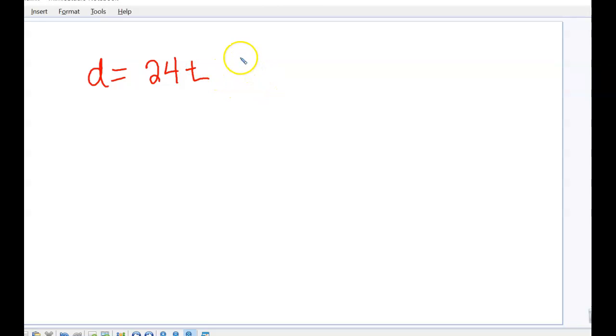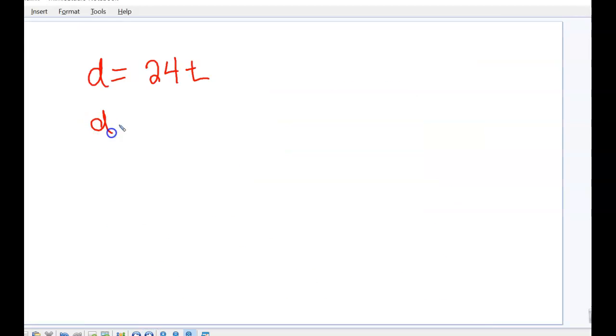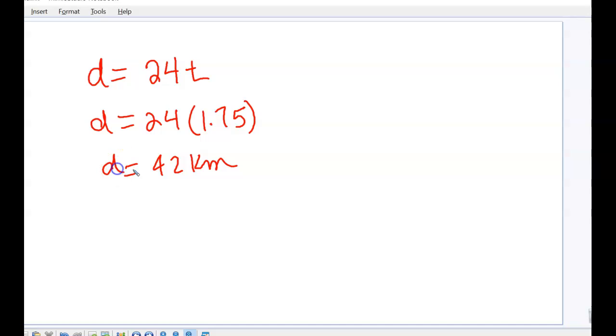And since my vertical intercept was 0, it's plus 0. So now to figure out the distance she traveled in 1 3/4 hours, it would be 24 times 1.75, which is 1 3/4. So 24 times 1.75 is going to be a distance of 42 kilometers, assuming she keeps a constant speed.